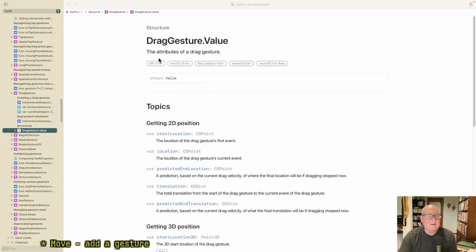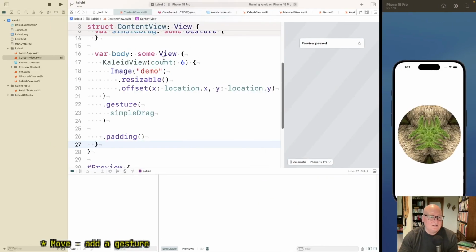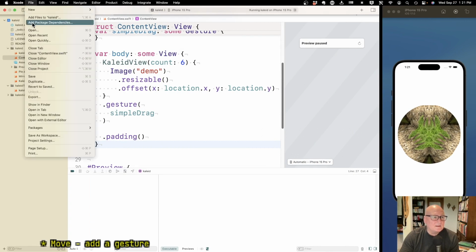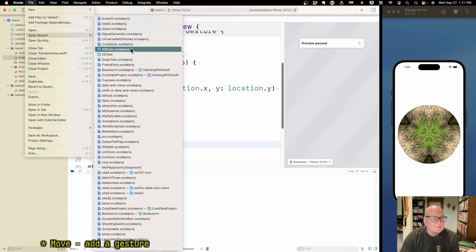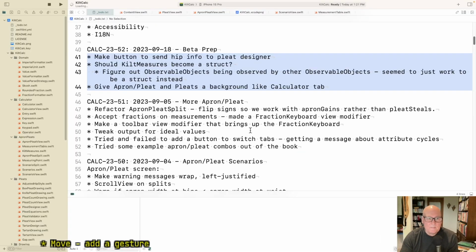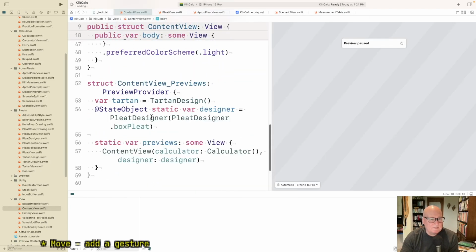No. Oh, documentation. I can close that too. Okay. This guy. We put the background view somewhere.